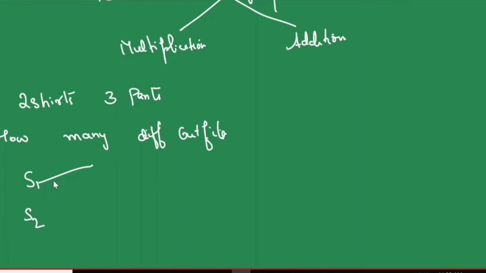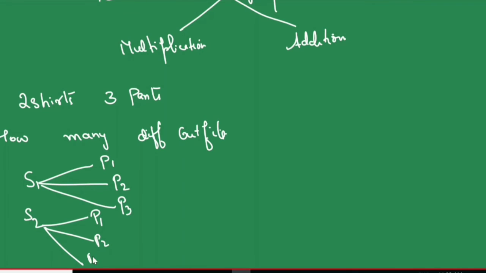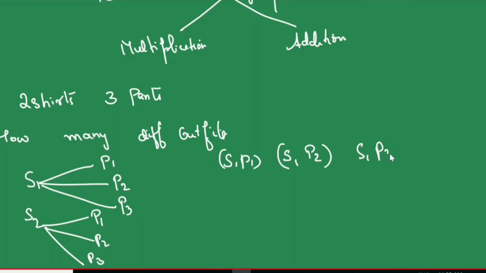With shirt 1, you can take one of these pants. So you can have shirt 1 and pant 1. That is one choice. Or you can have shirt 1 and pant 2. This is one outfit, one combination.